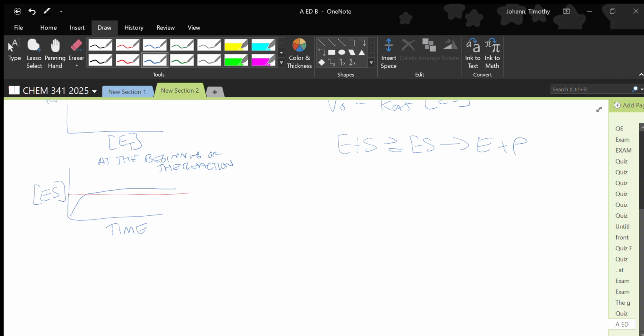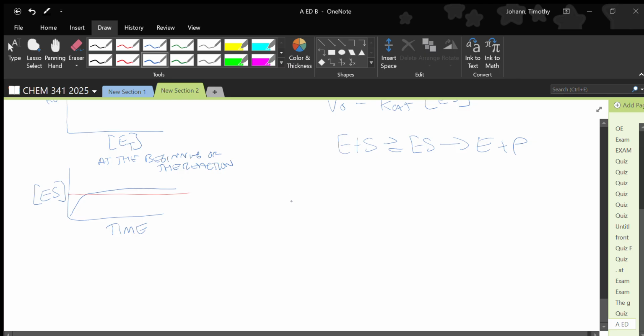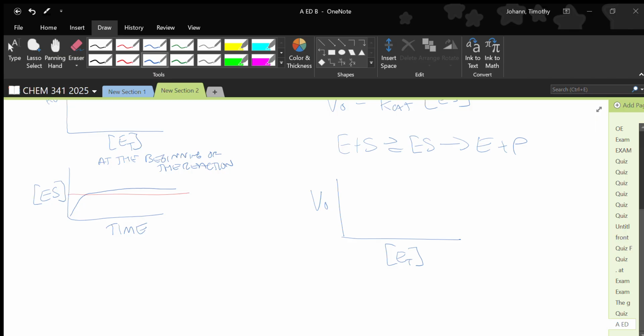These are things we're thinking about in terms of what's going on with the reaction, right? What about V naught, how fast the reaction goes, with enzyme total concentration? You have some experience with this from two weeks ago.